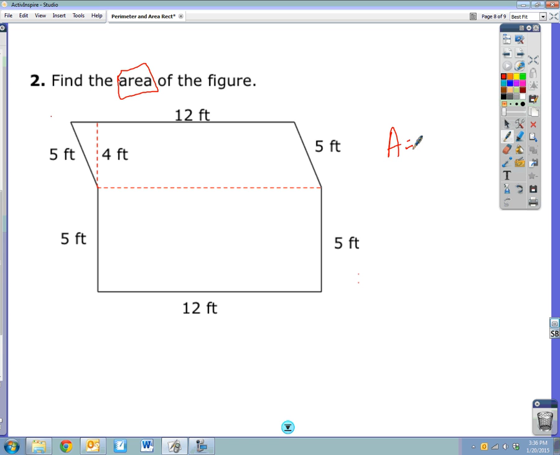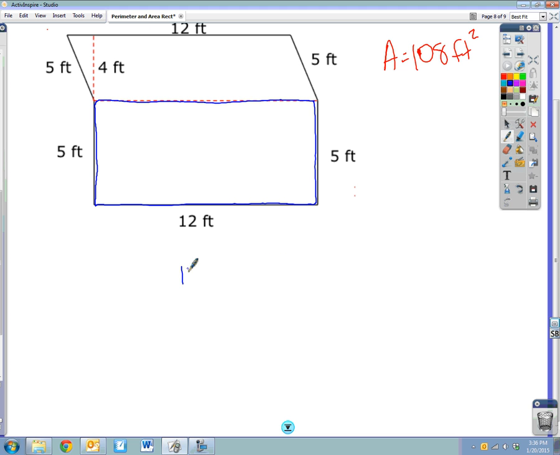The area of this figure is 108 square feet. Because when we multiply, let's say we're just looking at this rectangle here, if you do 12 feet times 5 feet, you have to accept that the feet and the 5 are not connected necessarily.